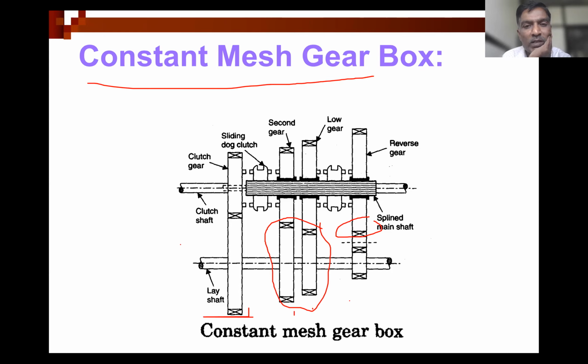So whatever drawbacks of the sliding mesh gearbox, those are eliminated by providing the constant mesh between the gears on the main shaft and the lay shaft. And in addition to that, to engage transmission in a particular gear, these sliding dog clutches are additionally provided in the gearbox. So you can see the construction carefully.